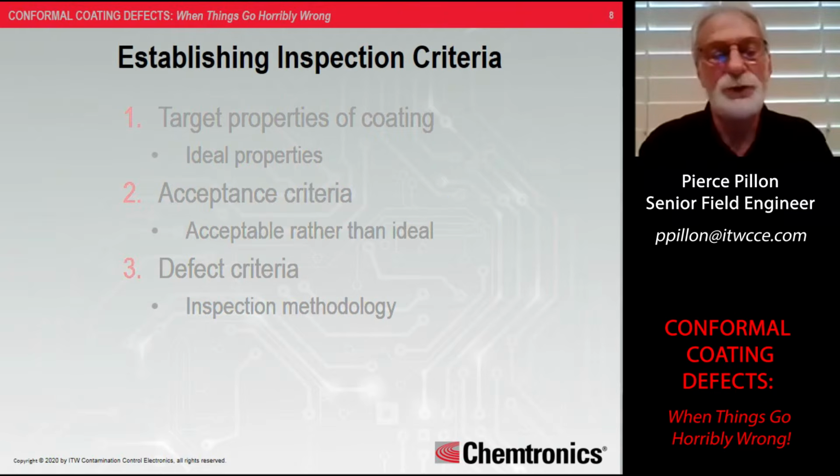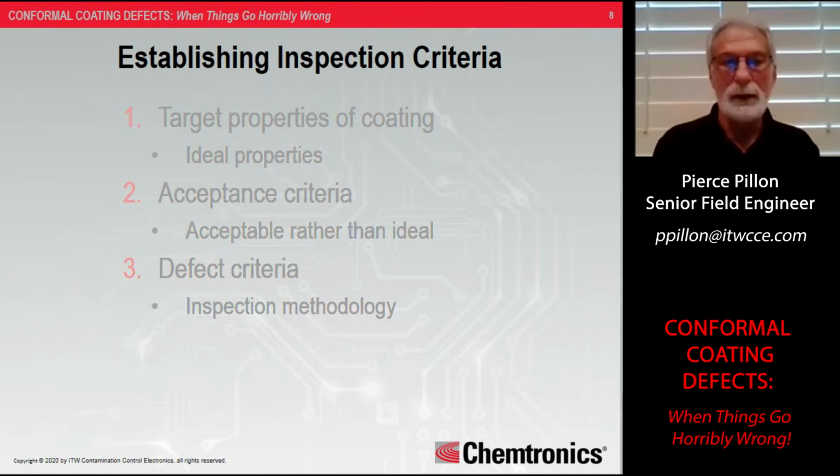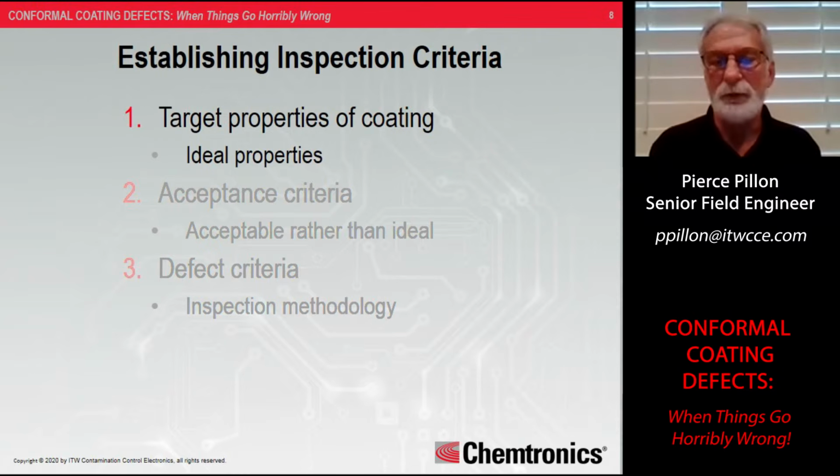When you establish your criteria, there are three main categories of criteria. The first is the target properties of your coating. Essentially, this is a wish list of what the perfect coating on your assembly is going to do, what properties it has to show for acceptance. That is your wish list.